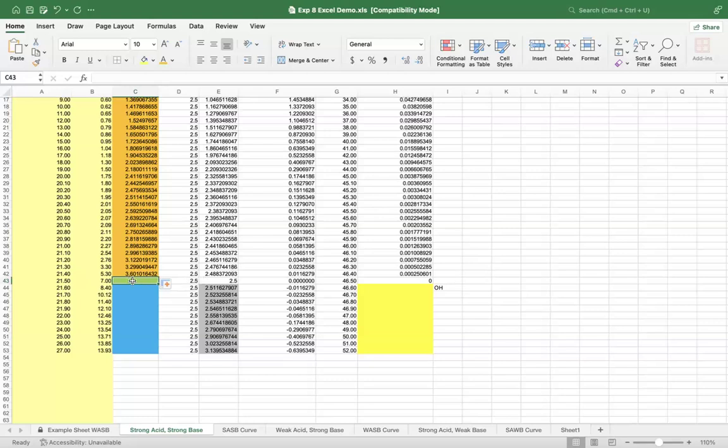So here for the calculation, we could put that it's equal to the negative log of 10 raised to the negative 7.